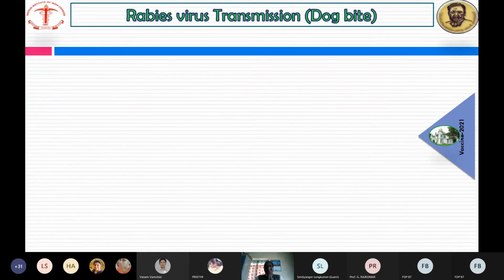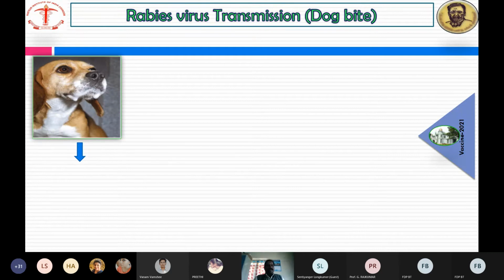How is the rabies virus transmitted, especially by dog bite? Here the rabid dog is waiting to bite others. It contains white saliva, and I'll tell you one thing: based on the saliva color, we can identify whether the dog has the rabies virus or not.